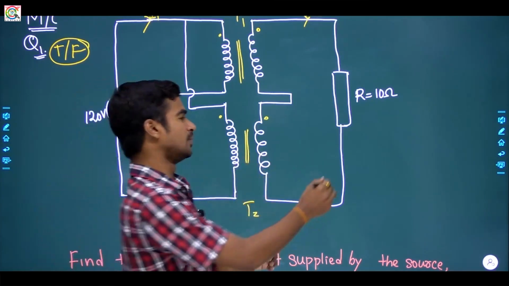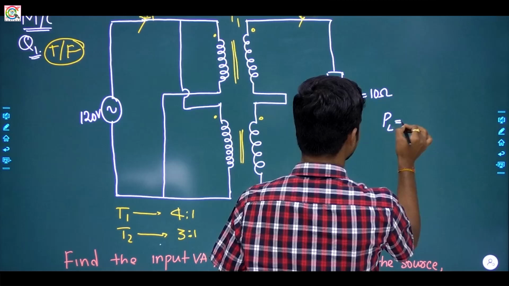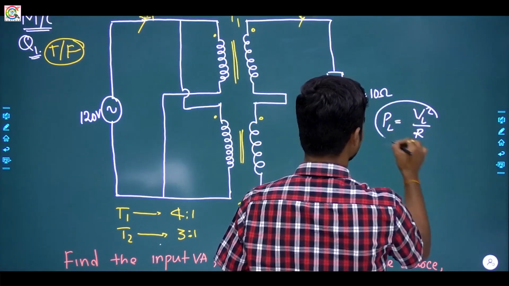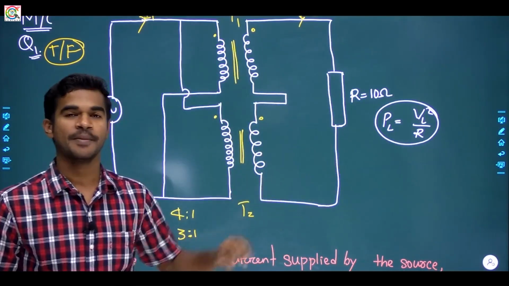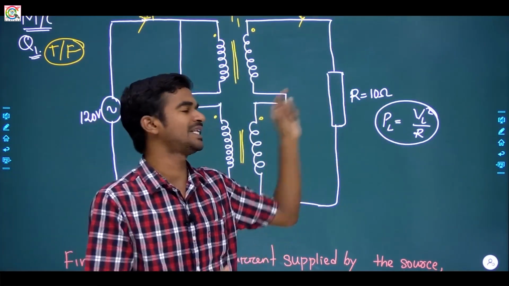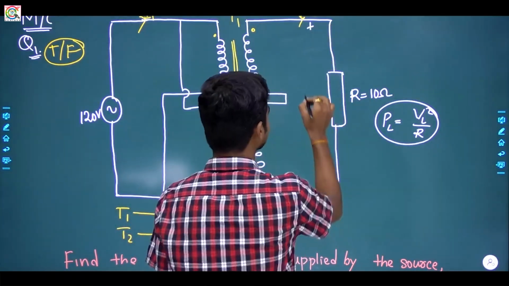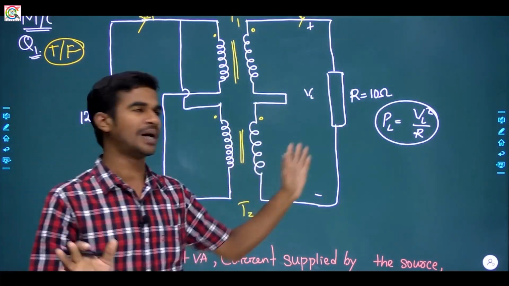So the power consumed by the load will be PL equals VL square divided by R. This is simple, you know already. What is VL? VL is the terminal voltage across the load. As of now, I don't know what VL is.